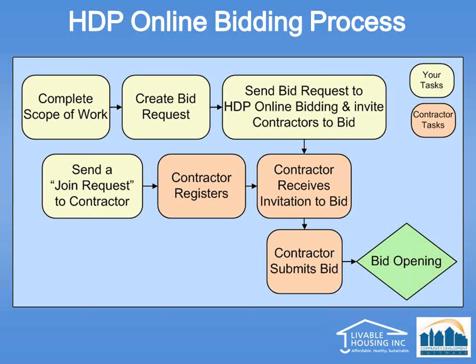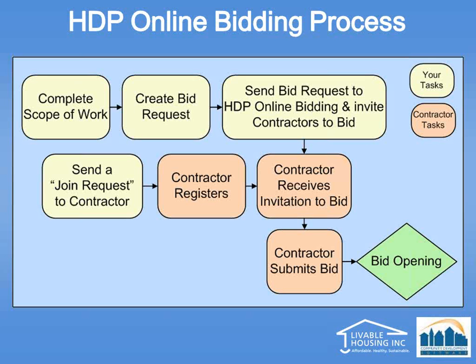And so going back to the next step for them, after you send the bid request up, any contractor who has registered after being invited to do so will receive invitations to bid as you deem necessary. You get to pick which contractors get to see which bid requests.